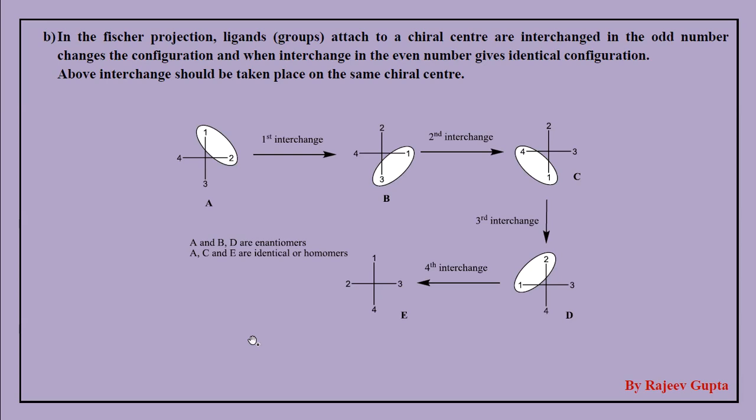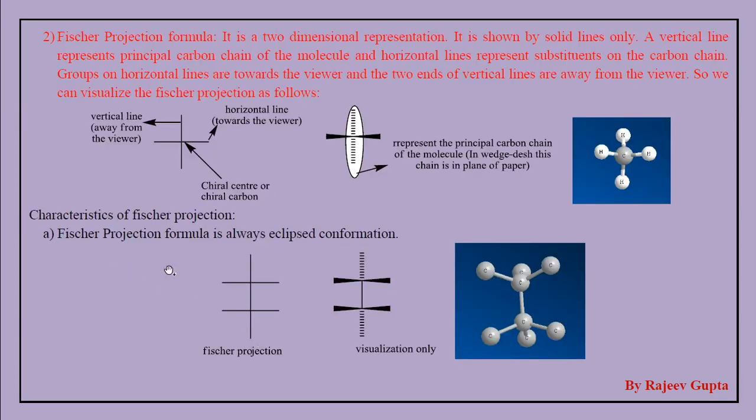Now, the second characteristic, again: this is always an eclipsed conformation, meaning we cannot draw a Fischer projection in staggered conformation; it is not possible.